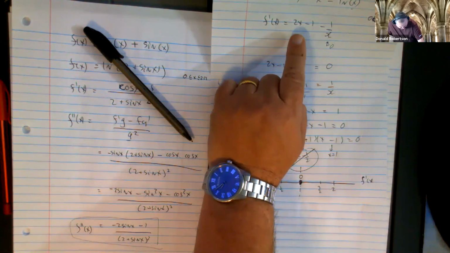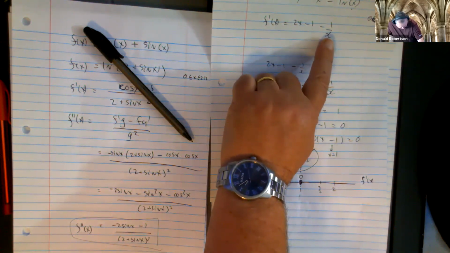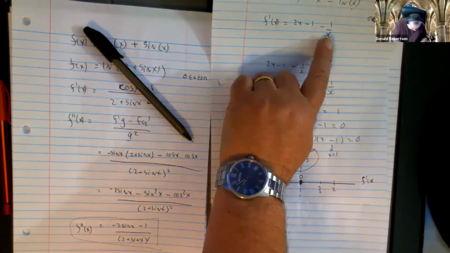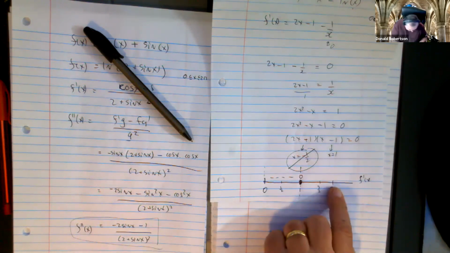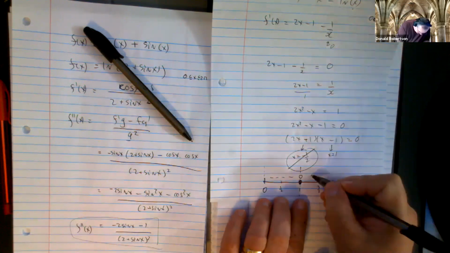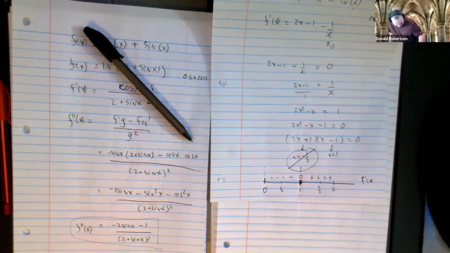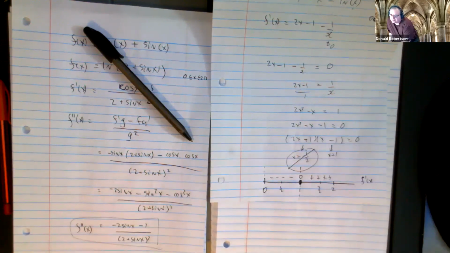When x is a half, that is 1, that is -1, and that is -2, so the answer is negative. And when you plug in 2, it is positive. So you can see that your interval is decreasing from 0 to 1, and from 1 to infinity is increasing.